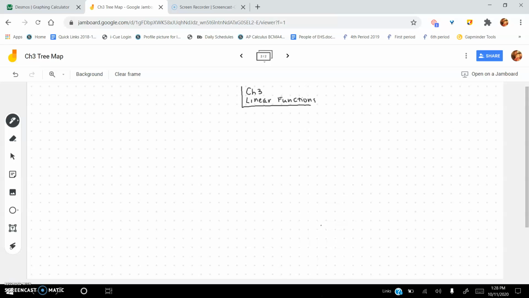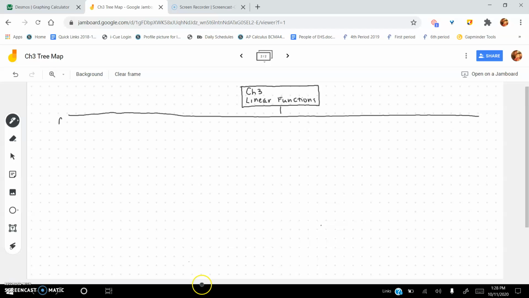And what we're going to do to map it out like a tree map is we are going to have Chapter 3 as the base of the tree, and we will have 4 branches coming out of it. So we're going to have function notation. Representations of a line.